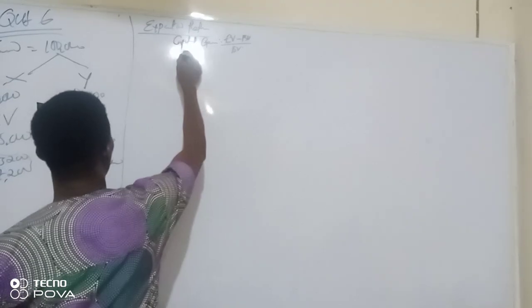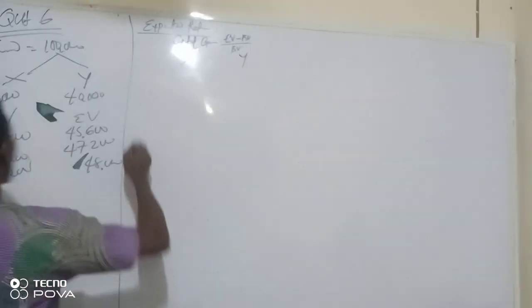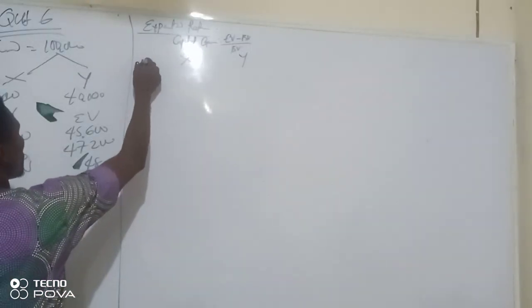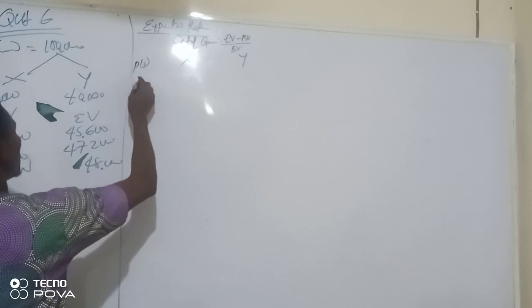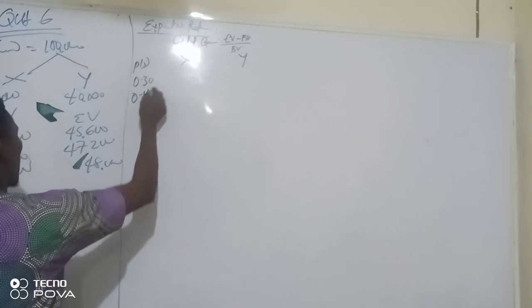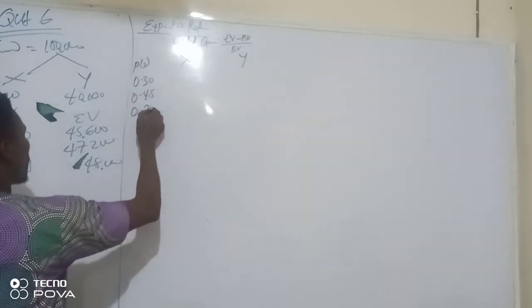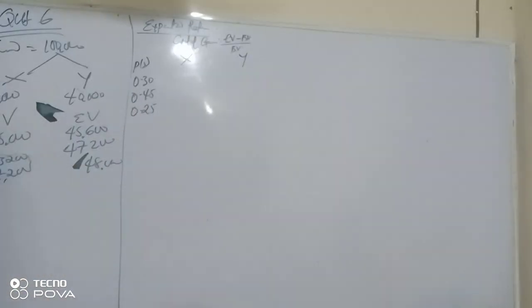Now let me split into two: security X and security Y. Under the states of the world, with probabilities 0.3, 0.45, and 0.25. Under the first state, how much are we expecting? 75.